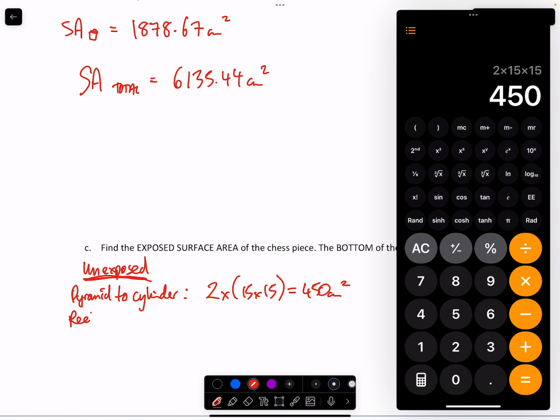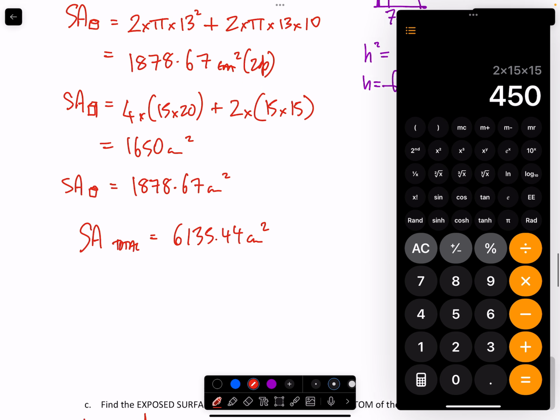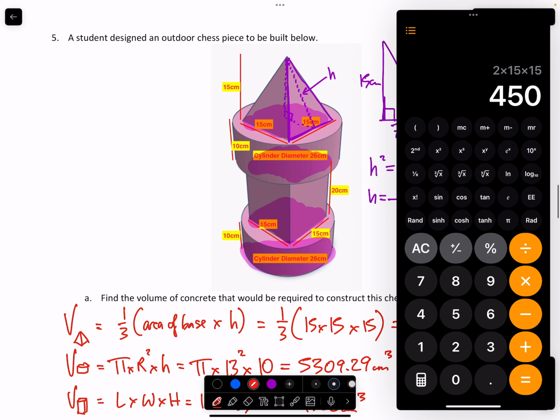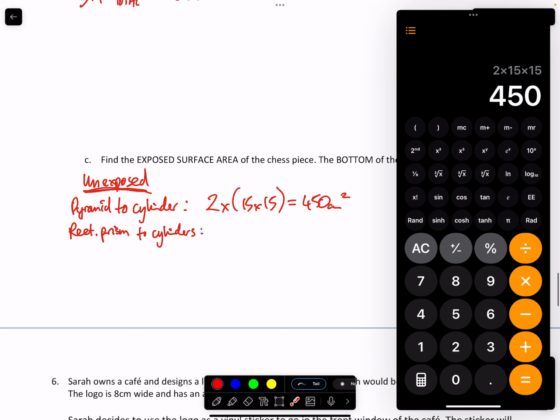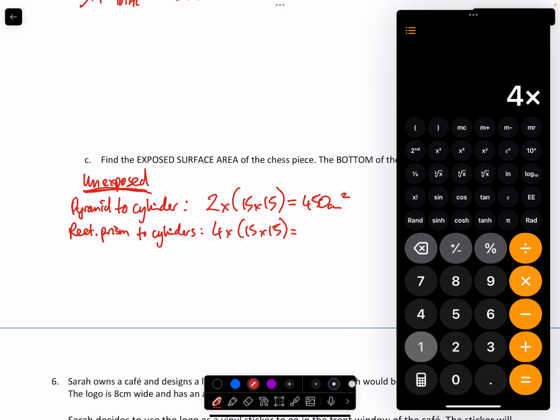The rectangular prism to cylinders, because the rectangular prism is sandwiched between the 2 cylinders here. So there's going to be 2 squares there, 2 squares there, all the same. So it's going to be 4 squares that are 15 by 15. 4 times 15 times 15, 900 square centimeters.